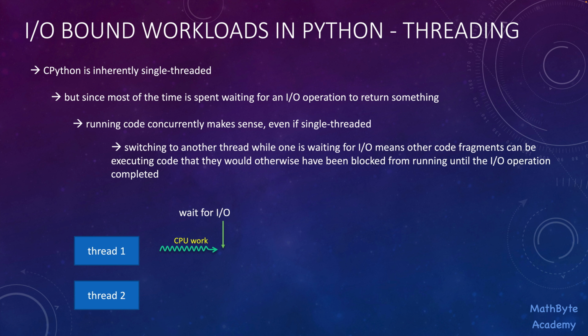That's a great time for thread 2 to start running, and it has some CPU work to do. Then all of a sudden, the I/O completes for thread 1, but thread 2 is still running. It hasn't been interrupted yet. Now it's waiting for I/O, and it gets interrupted. The scheduler says, oh, you're waiting for I/O, I'm going to switch you out. It will also switch the thread out if it's been running for a certain amount of time.